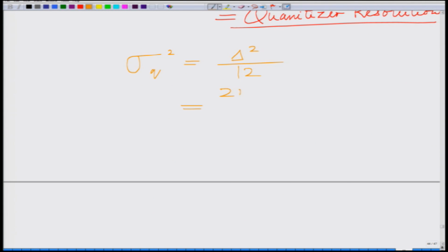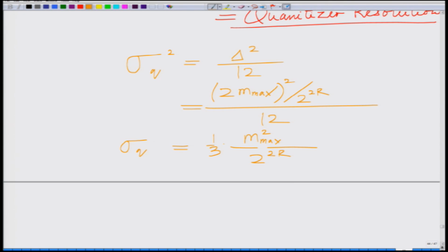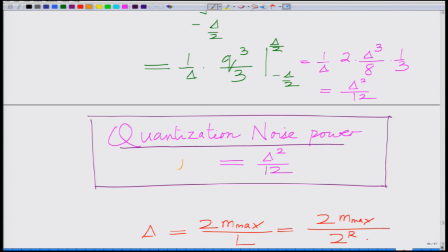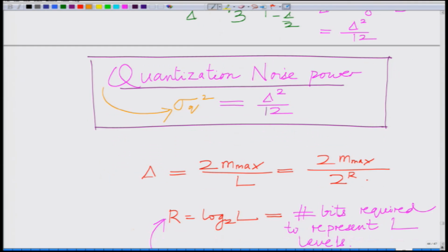Substituting that value for delta, this is 2 m max square divided by 2 to the power of r, divided by 12, which is equal to 1 by 3 m max square divided by 2 to the power of 2r. So, the quantization error variance sigma q square, that is your quantization noise power, is sigma q square equal to delta square by 12.